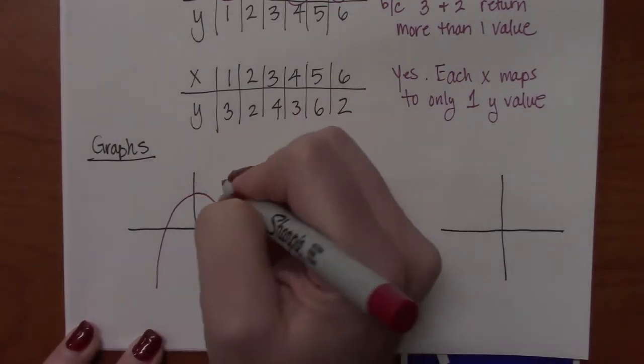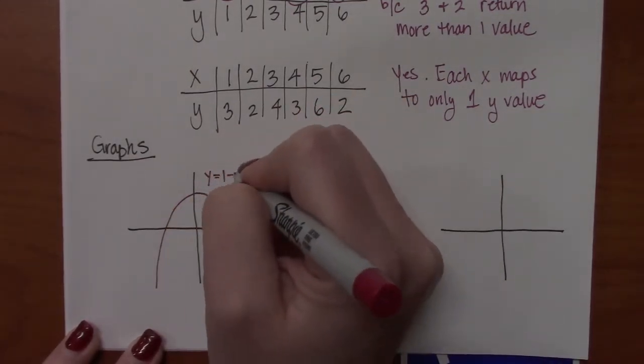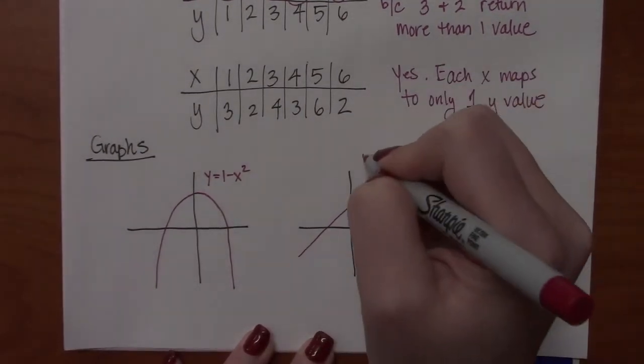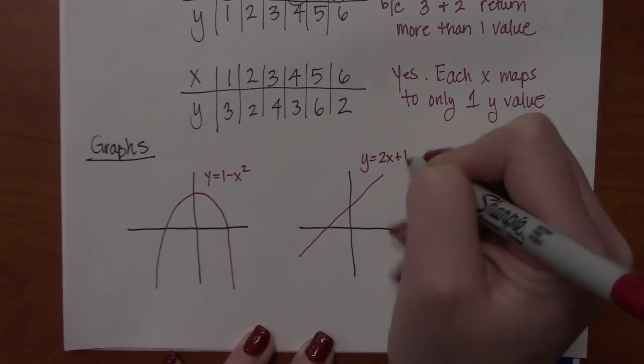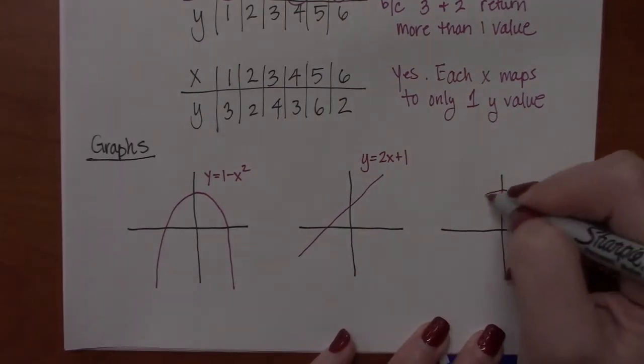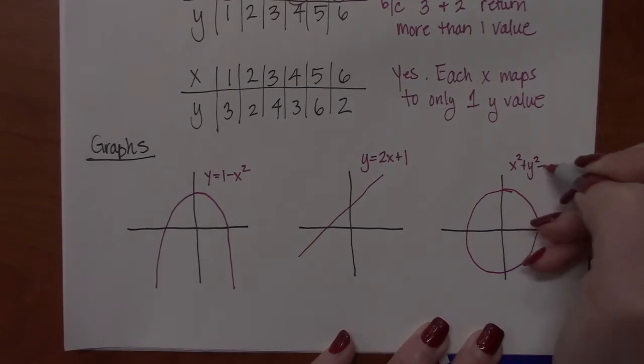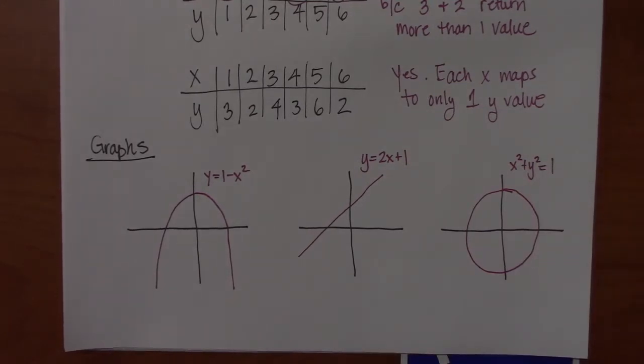I'm also going to give you the equations for these because this is coming up soon. So if we want to test this definition of whether or not these are functions, remember, each x can only map to one y.